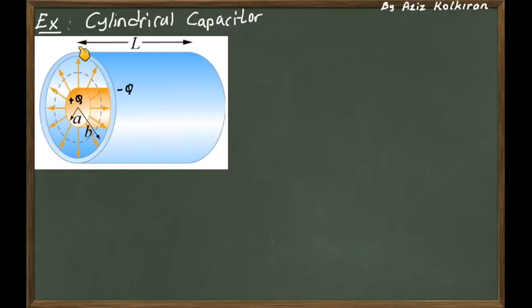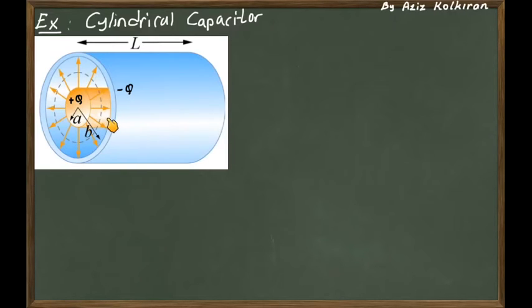So the length is given by L, and the inner core has radius a, and the outer shell has radius b. To calculate the capacitance, of course, first we have to calculate the potential difference between these two conductors, the inner core with plus Q and the outer shell with minus Q charge.